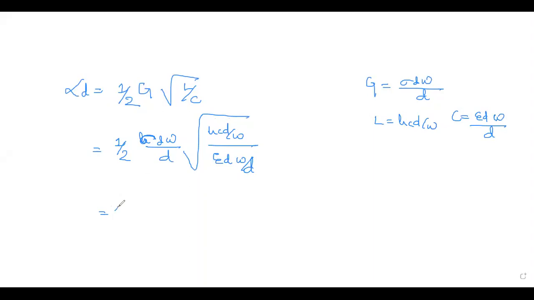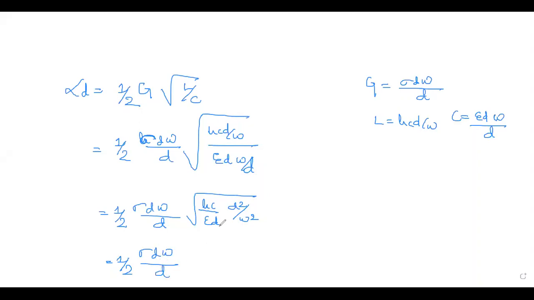If I simplify this, it is half sigma_d W by d square root of mu_c by epsilon_d. d will come to the numerator, d square. This will be W square. Again simplify, it is half sigma_d W divided by d, this is d square by W square inside the square root, so it will be d by W. This is square root of mu_c by epsilon_d. So your d and d will get cancelled. W and W will get cancelled.